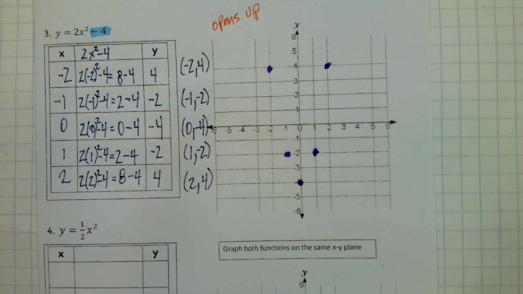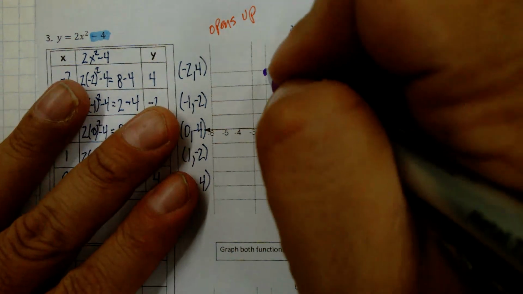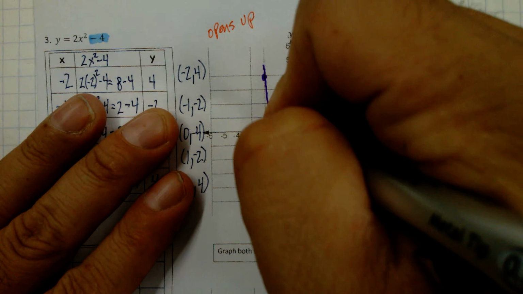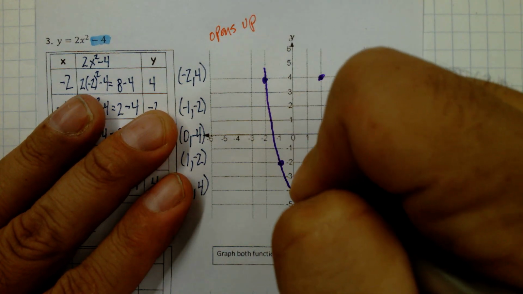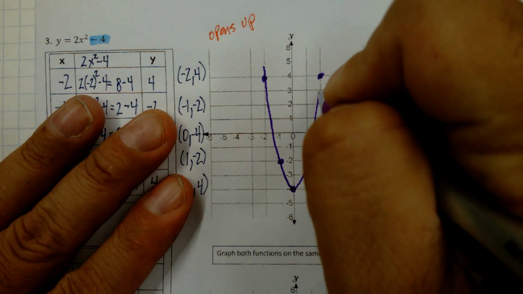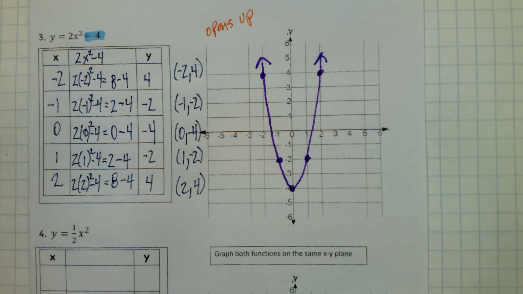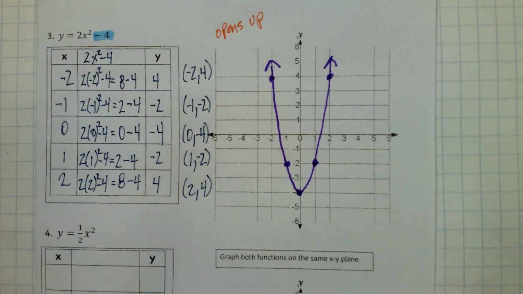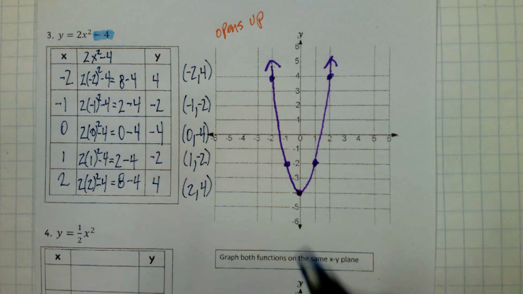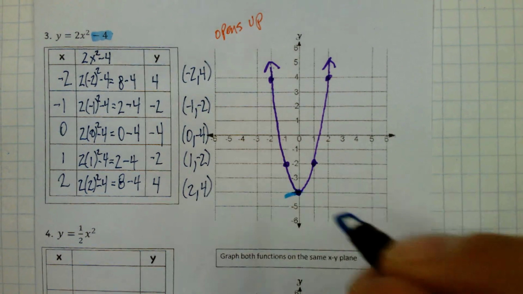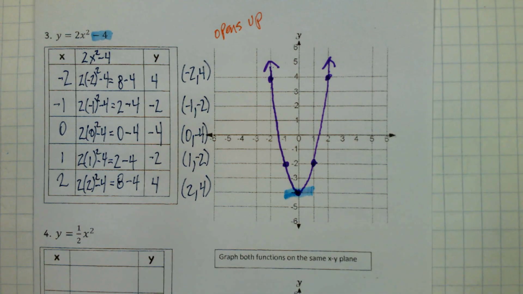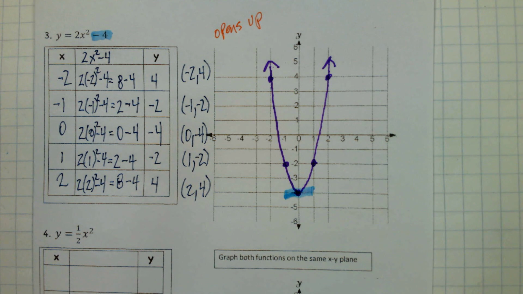So we get something like this. Then it comes down, makes a smooth curve around, and then shoots back up. And it opens up. Now, we talked about this minus 4. Where did our graph cross the y-axis? At negative 4. And that's because of this minus 4 at the end.